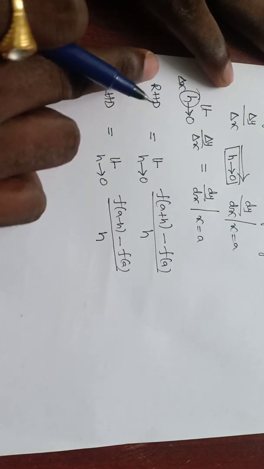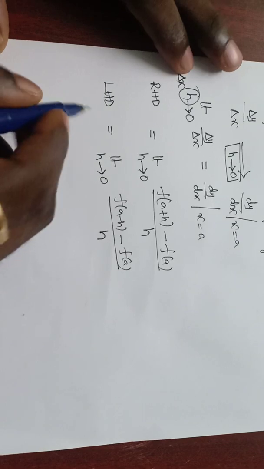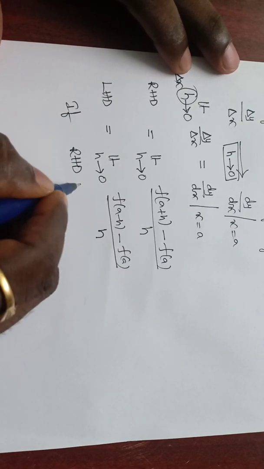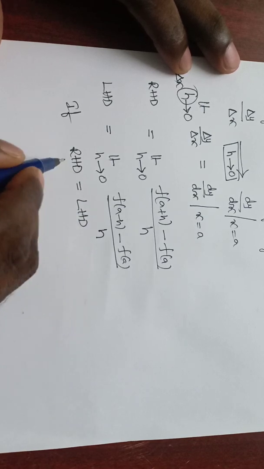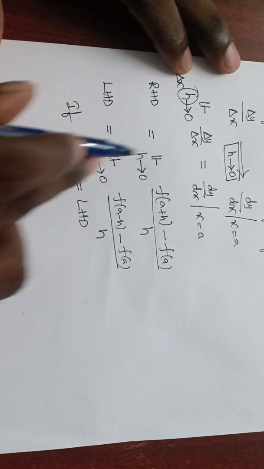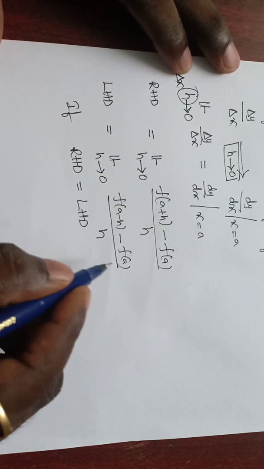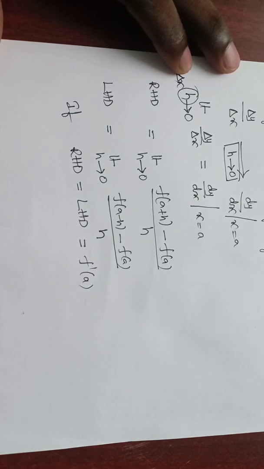So these are the right hand and left hand derivatives. If the right hand derivative is equal to the left hand derivative, then the limit exists, and the existing limit is nothing but the derivative at x equal to a, which is also known as f dash of a.